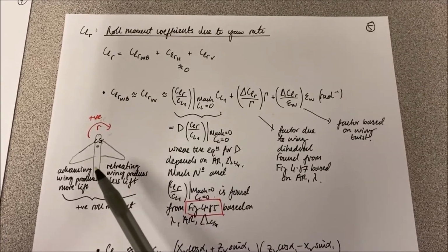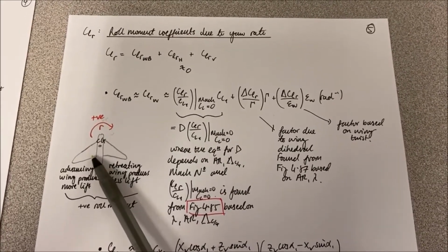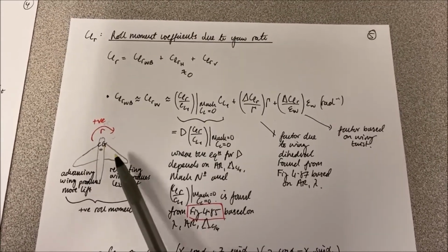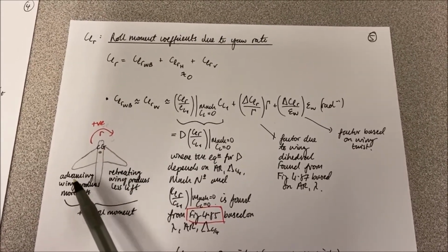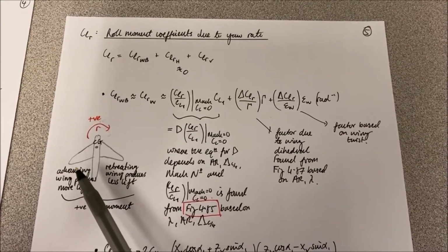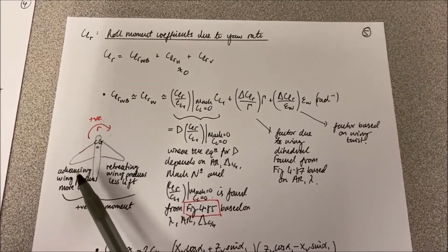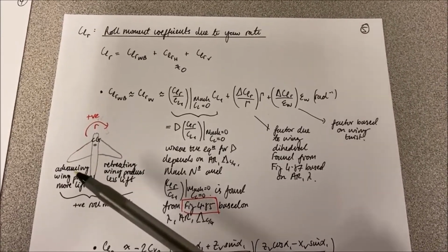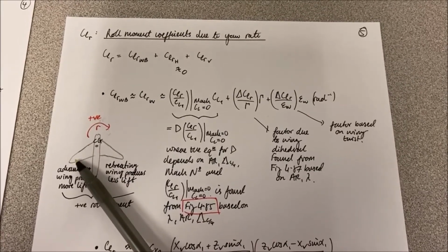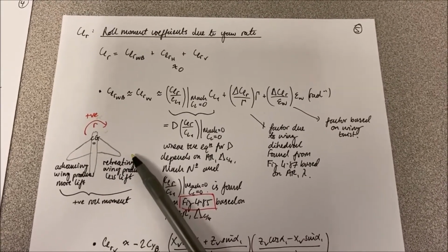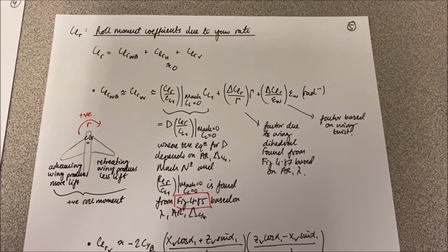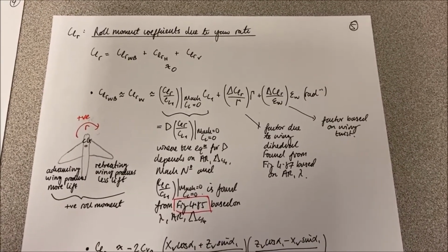If we have a positive yaw rate, so the aircraft is yawing nose to the right about the center of gravity position, we have one wing that's advancing, moving faster through the air than the retreating one, because it's rotating in this direction. Because this one therefore produces more lift than this one, you get a roll moment associated with that yawing as well. So what we're describing there is adverse roll.